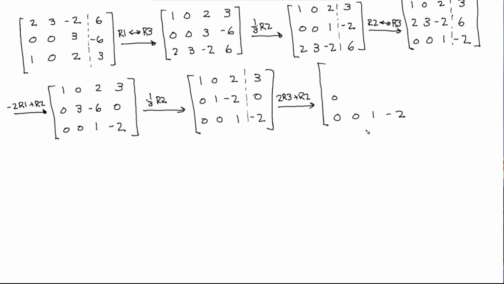Yeah. So here I have 2 times 2 is minus 4 plus 0, minus 4.